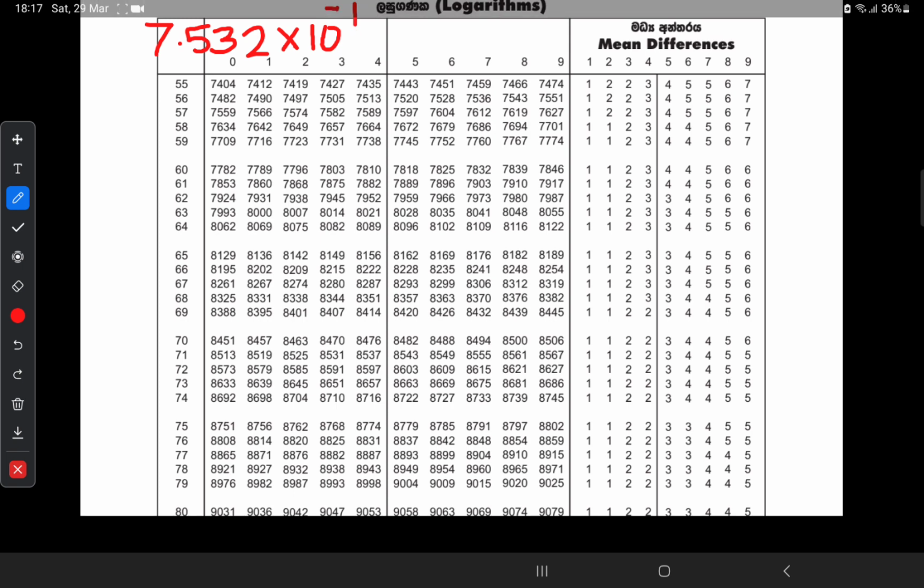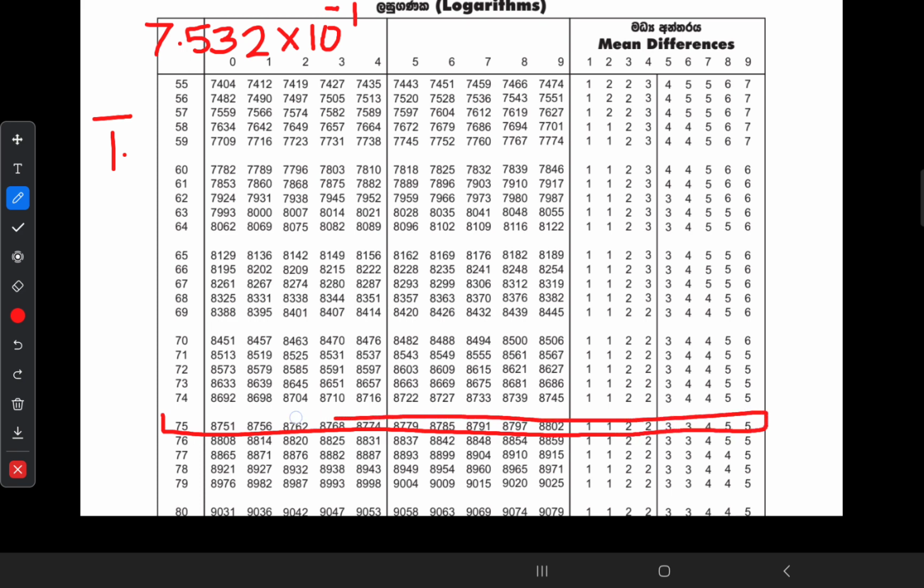In logarithmic values, the -1 power is denoted by bar 1. 75th row and third column, that is indicating 8768.